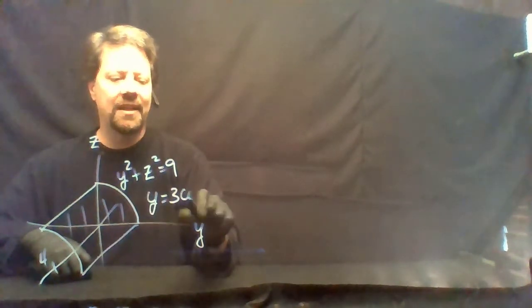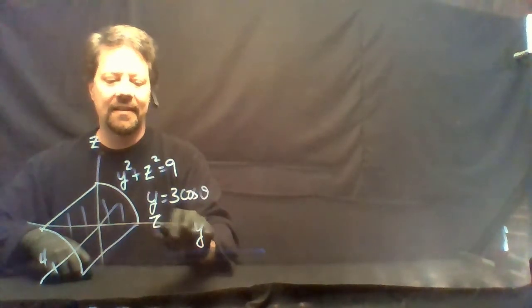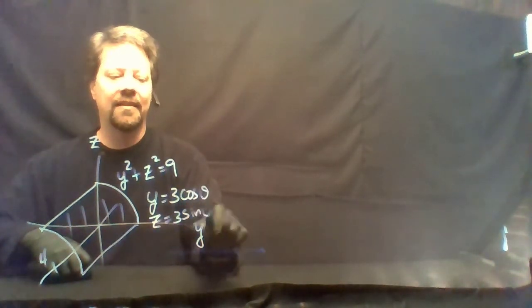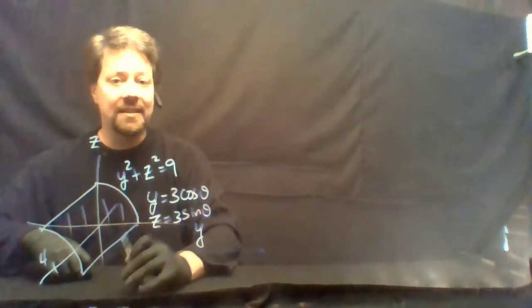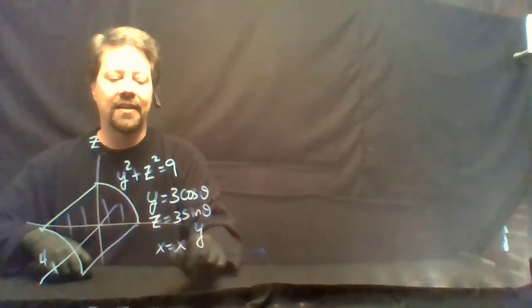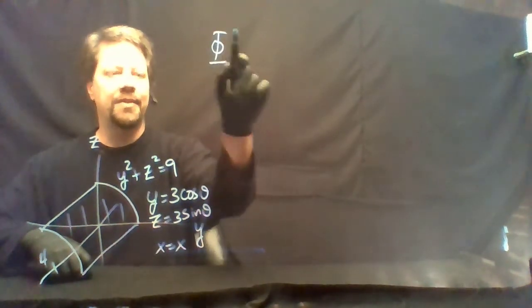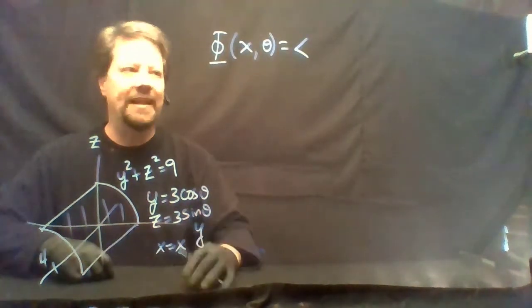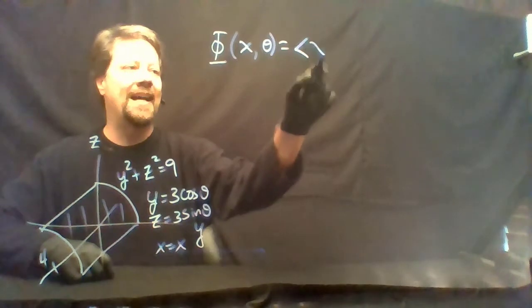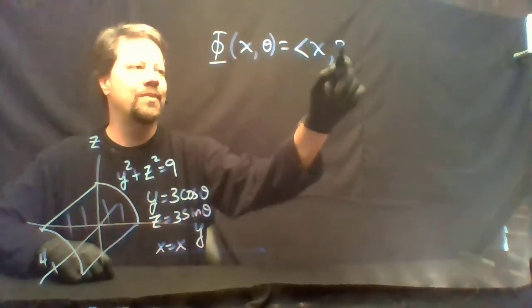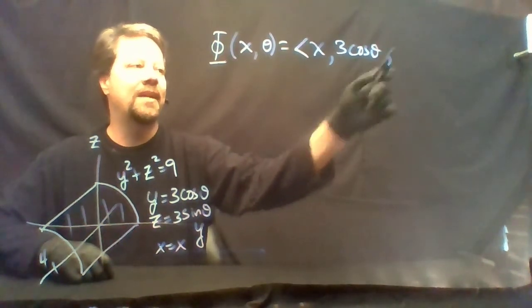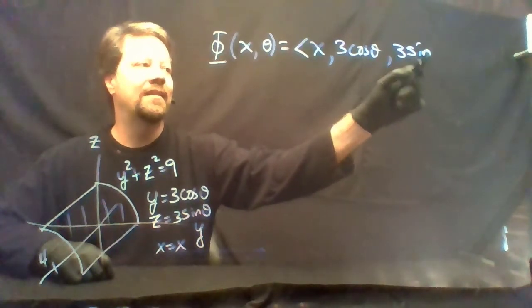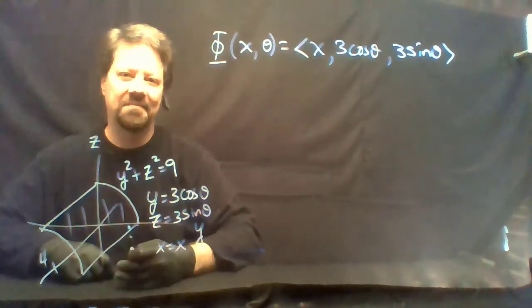Y equals 3 cosine theta, z equals 3 sine theta, but this leaves x unconstrained. So our surface parameterization will depend upon x and theta. It will be given by x equals x, y equals 3 cosine theta, z equals 3 sine theta.